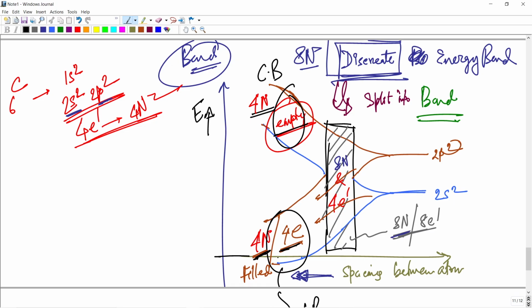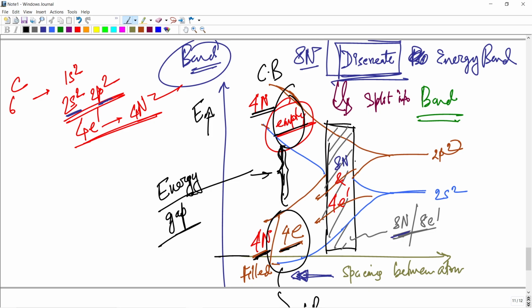This is the filled valence band, and this gap between this line and this line is called the energy gap. These 2 electrons here, these 2 electrons here, and the upper energy part is empty. There are 4n states here, but all are empty, so the conduction band is empty.